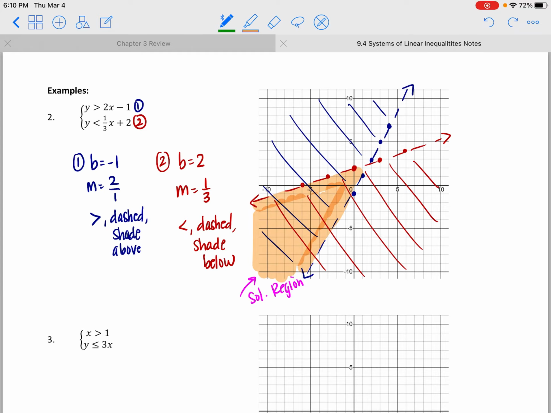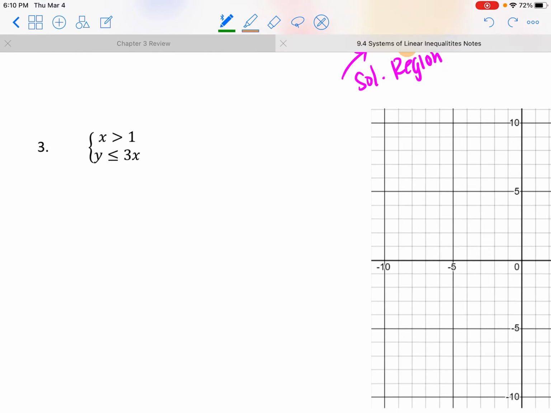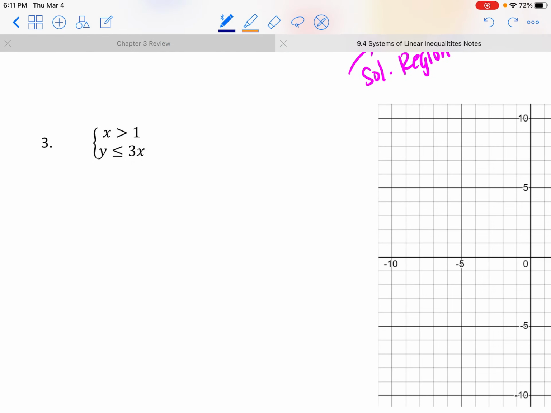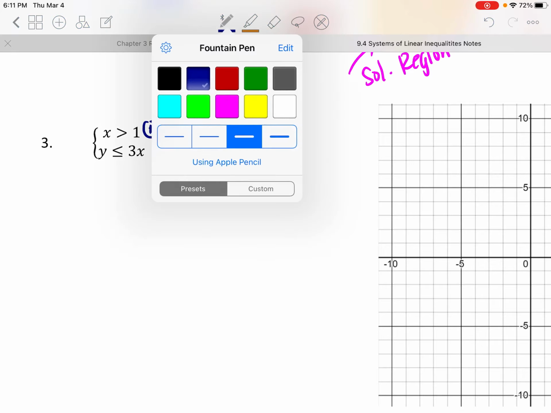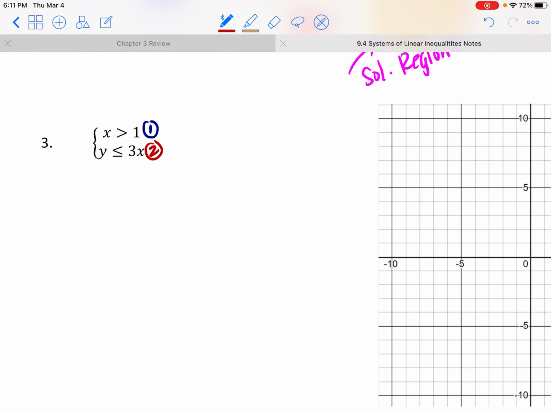Okay, let's try another. So in this one, we got this special guy right here. That was a special one. And then number 2. Number 1 is special because it's not in our typical graphing form. We don't have a y and an mx plus b. Remember, when we only have one variable in our relationship, we're going to be looking at either a vertical or a horizontal line.